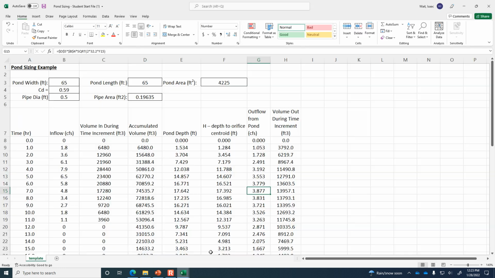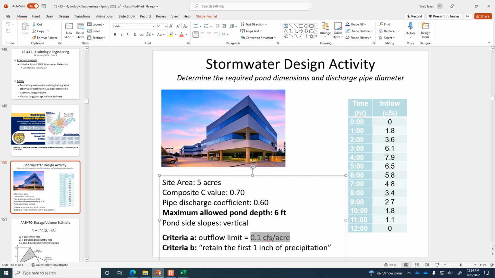So how much is going out of our pond? Way more than that. What was the other rule besides the discharge limit? Maximum pond depth. Maximum pond depth is 6 feet.